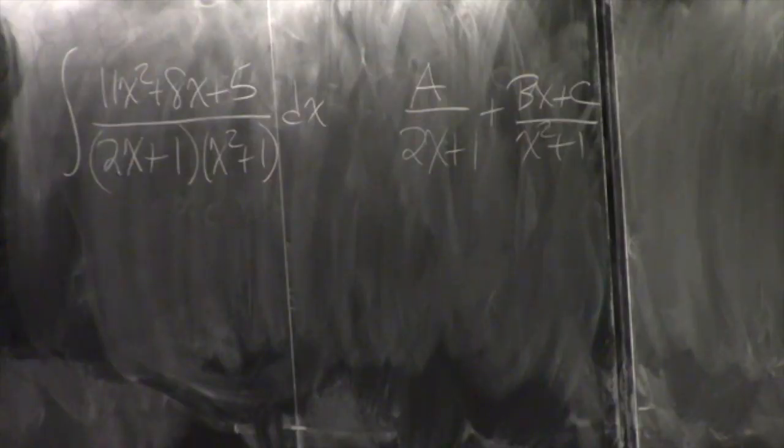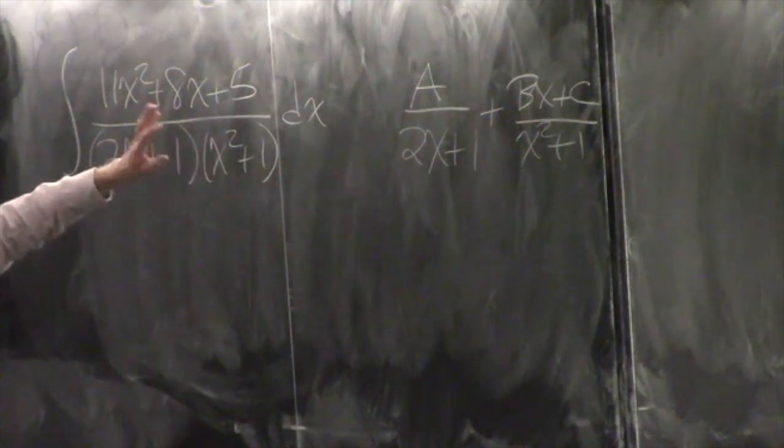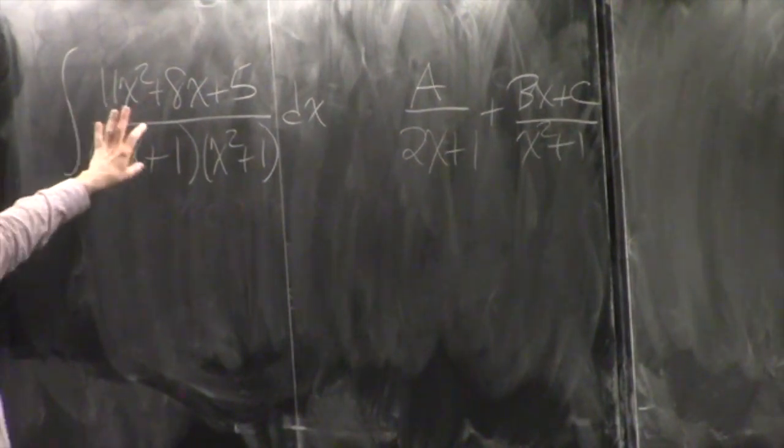Alright, when it gets this noisy, that means people are done. So let's start doing this. Alright, so first, we have A over 2x plus 1 plus Bx plus C over x squared plus 1. And that has to equal this thing.